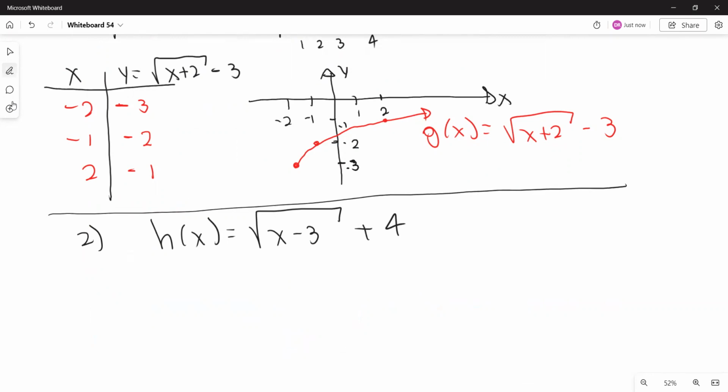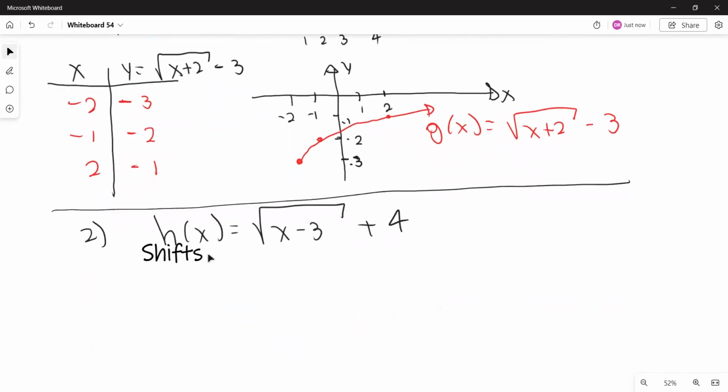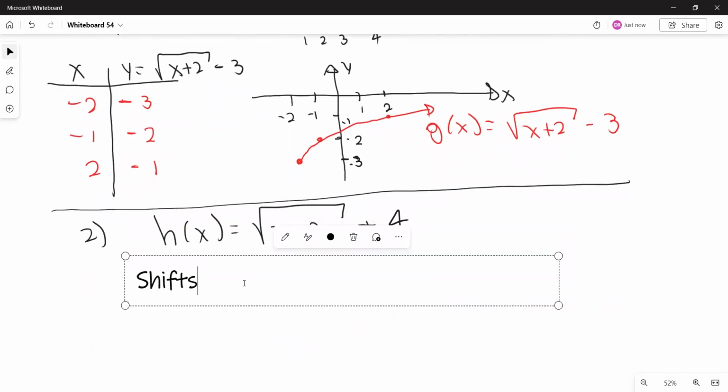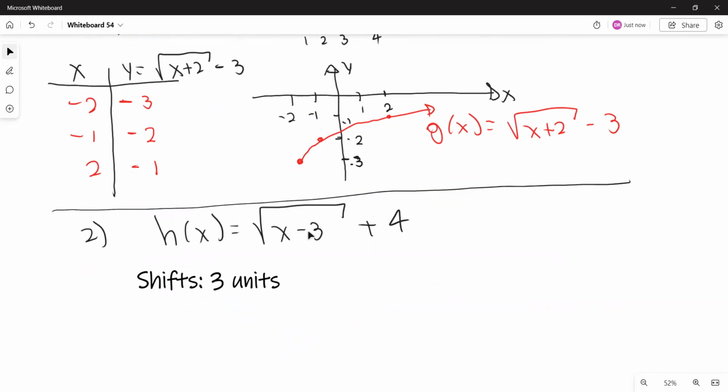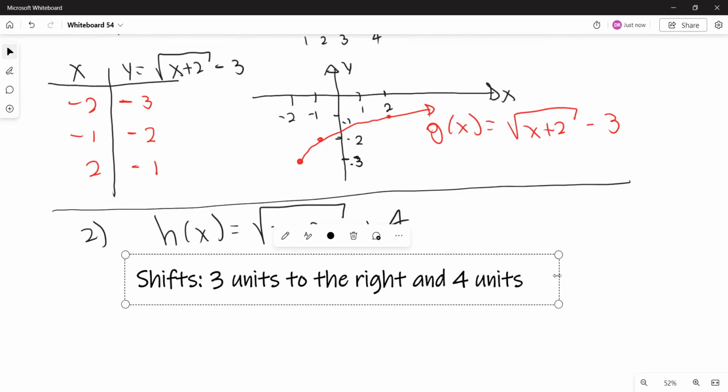So the graph of the square root function is going to shift 3 units. We have the square root of x minus 3, so minus is going to be 3 units to the right. And we have a plus 4, so that's going to be 4 units upward.